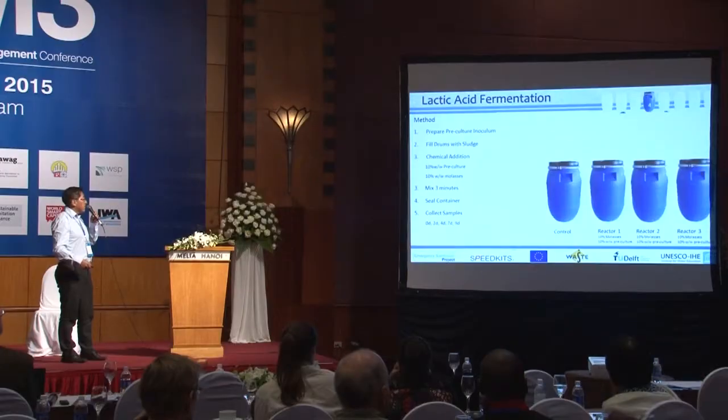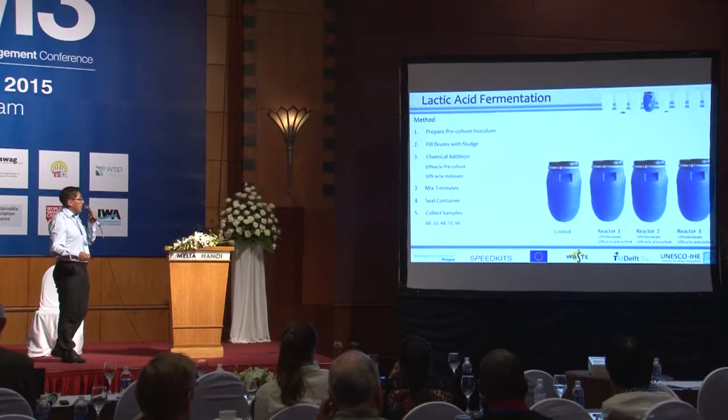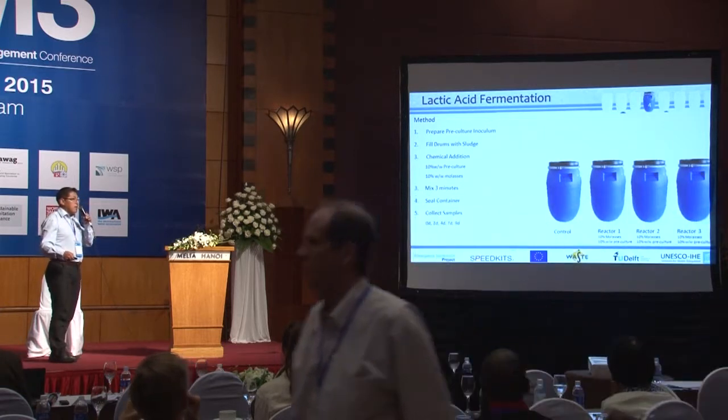Also, we had to add 10% of molasses in this case, because to do this treatment method, we need a source of sugar for the lactic acid bacteria. We had an initial mixing of 3 minutes, and the containers were sealed. The samples were collected at 2 days, 4, 7, and 9 days.